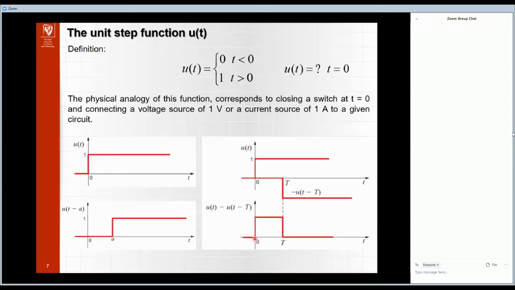For this part, we can assemble two unit step functions. Firstly, one which goes up at 0, and secondly, one which goes down at the moment equal to t. And when we add the first and the second function, we obtain such a curve.